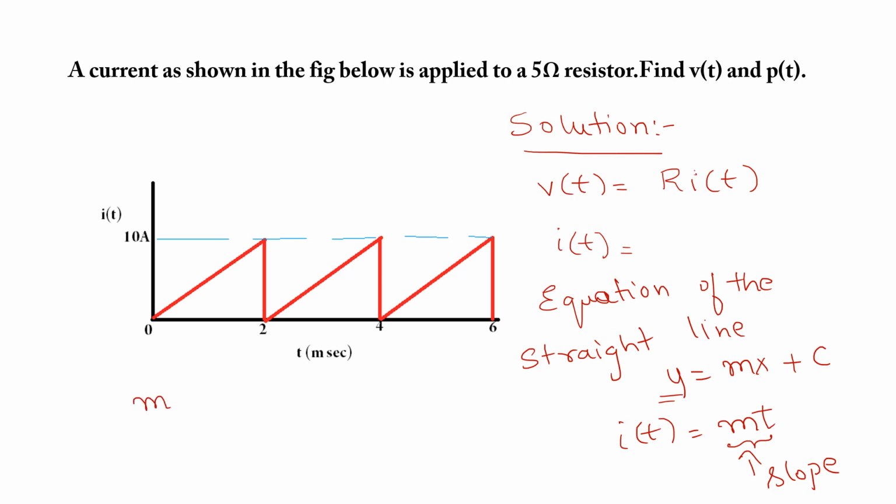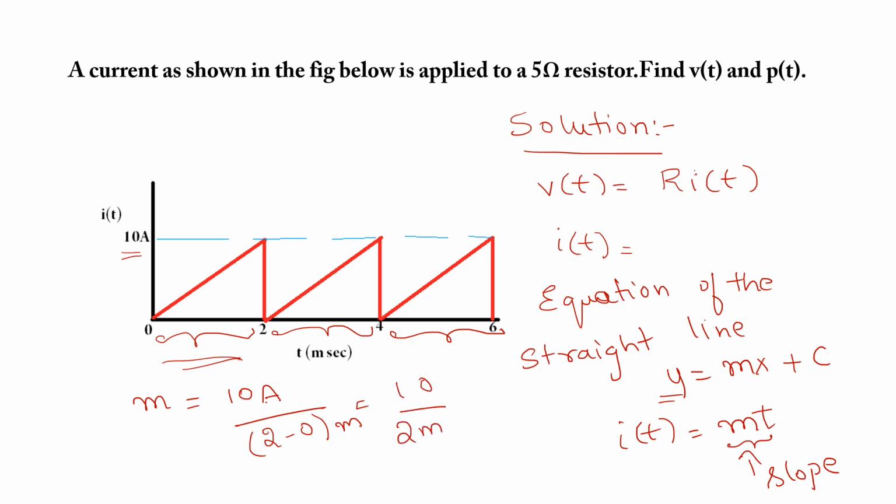So the slope m is the amplitude, which is 10 amps, divided by the time. You can see everything is for a duration of 2 milliseconds. We can write it as 2 milliseconds directly, or as 2 minus 0 milliseconds considering this interval. So it is 10 by 2 milliamps, which is 5 into 10 to the power 3.